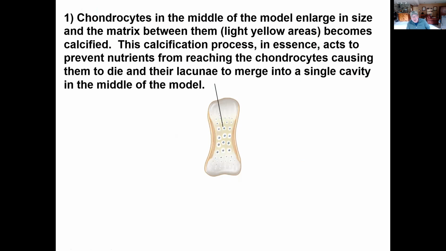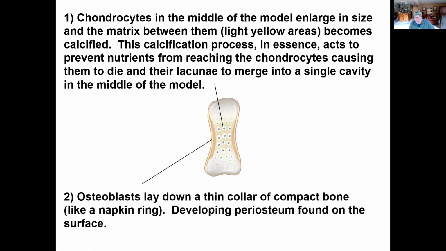Now, as this calcification process continues, the cartilage cells or chondrocytes have no way of getting nutrients, and they begin to die. At the same time that this calcification is beginning to occur here in the center of the future diaphysis, there is the formation of what's referred to as a collar, a thin collar of bone that forms around the outer surface here of what once was cartilage.